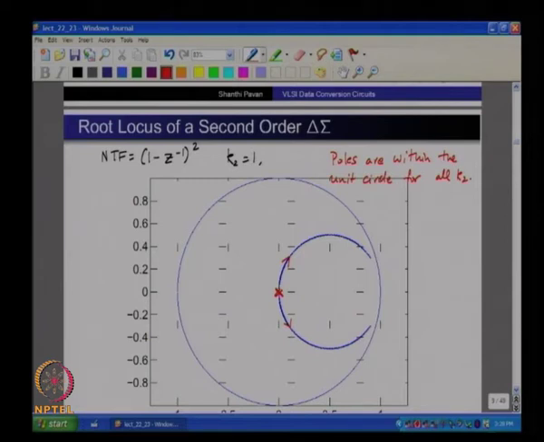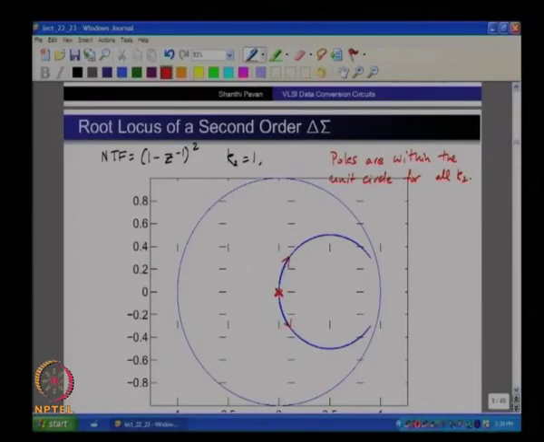Regardless of what K2 you have, the poles will move, but they are always sitting inside the unit circle. So what happens to the input of the quantizer when the input exceeds a certain level? The input to the quantizer will become very, very large, and the entire noise shaping property of the loop is lost.